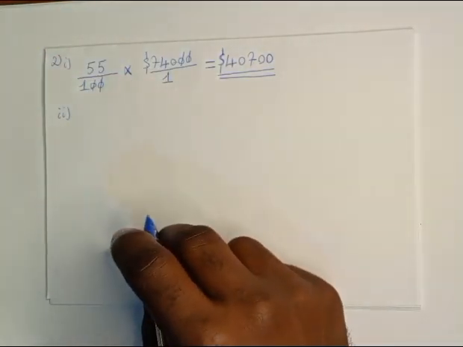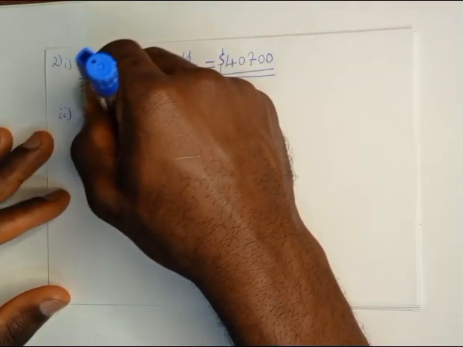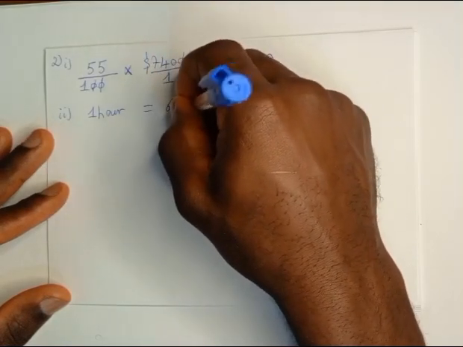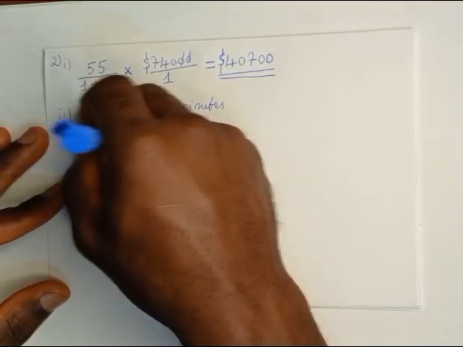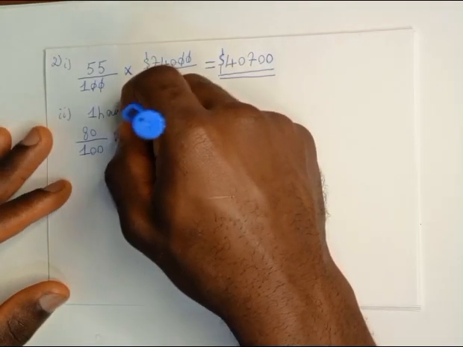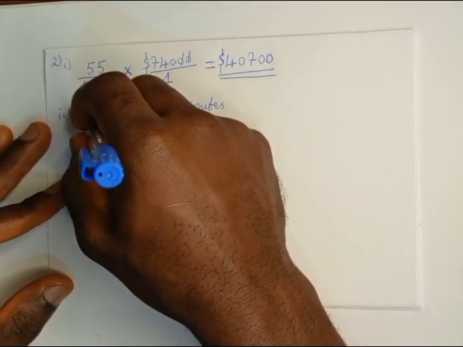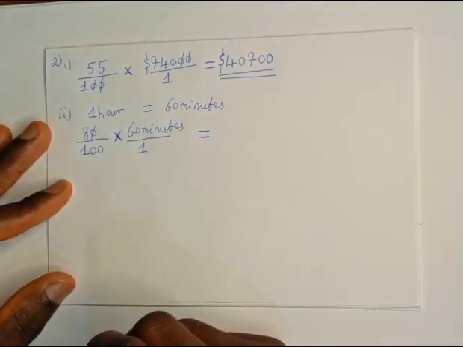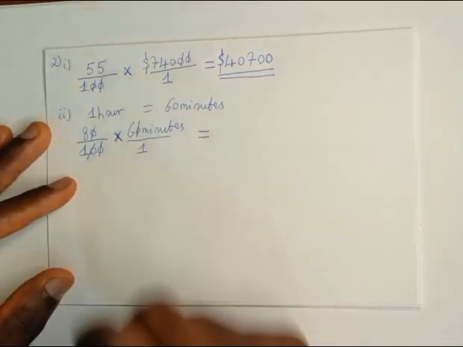2i says 80% of 1 hour. First, we know that 1 hour is equal to 60 minutes. 80% of 1 hour simply be 80 all over 100 times 60 minutes all over 1, which will simply be equal to 10 will go into 80 8 times, 10 will go into 100 10 times, 10 will go into 60 6 times, 10 will go into 10 1 time.